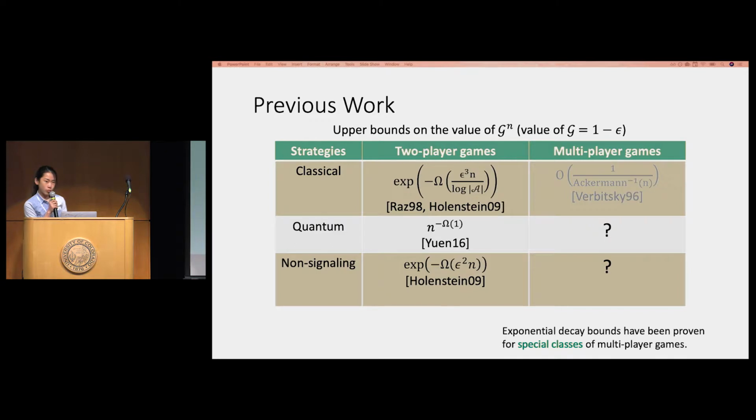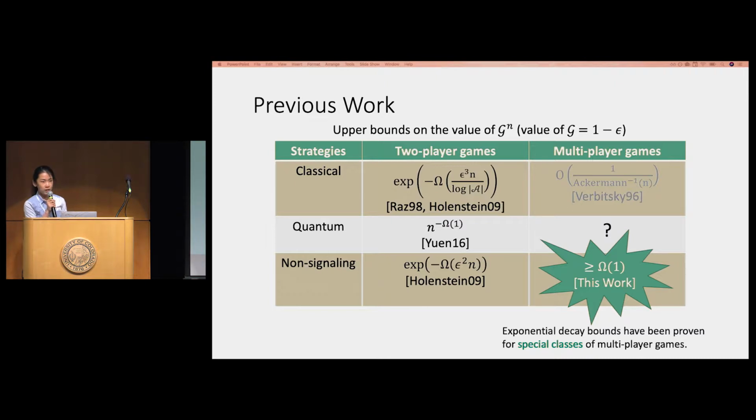And the first contribution of this work actually is we show that you can't actually have a parallel repetition bound for general multiplayer games against non-signaling strategies. So more concretely, we show that there are games such that the n-fold repetition will have a non-signaling strategy that has constant value for any n.